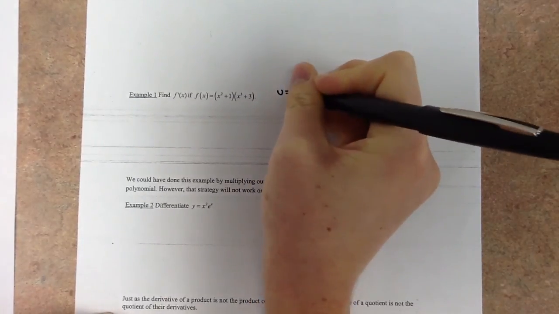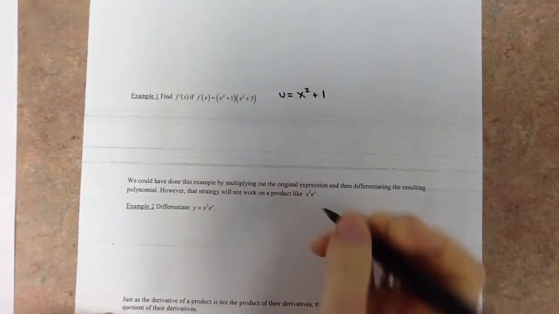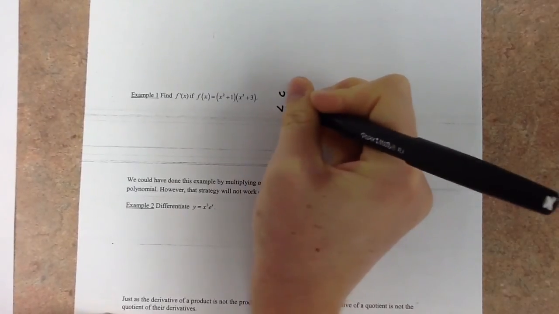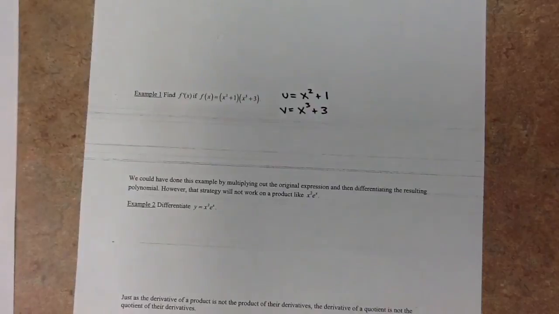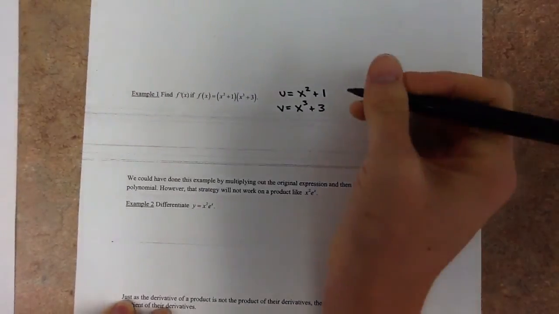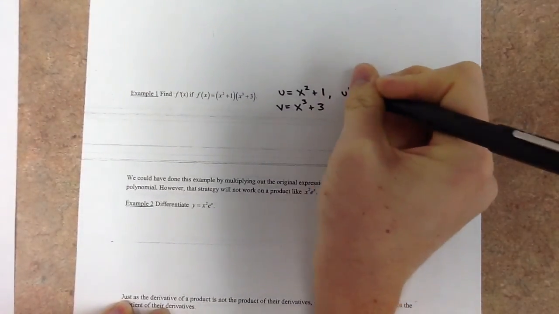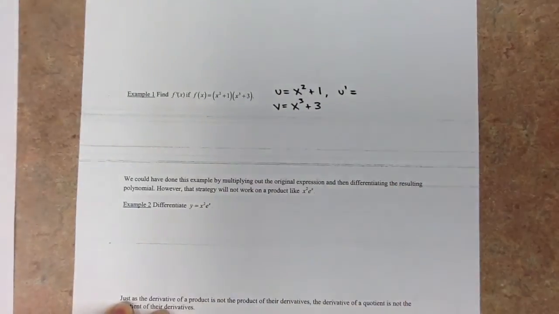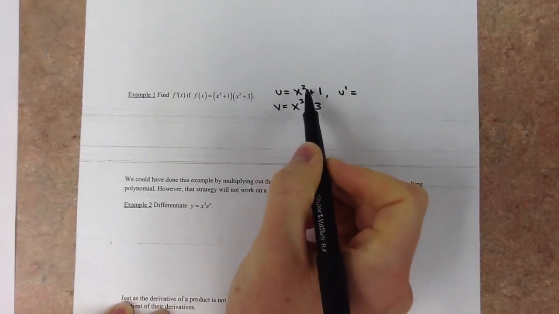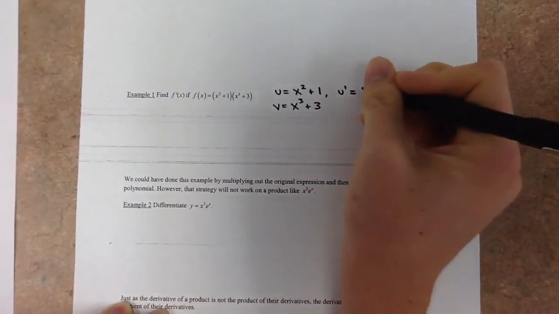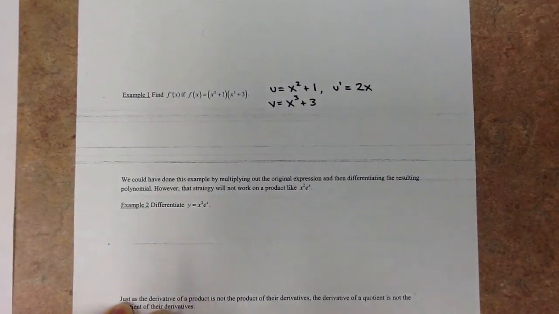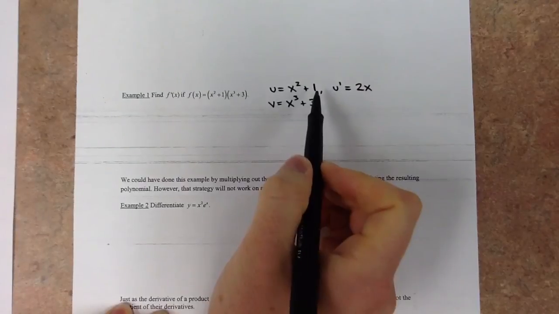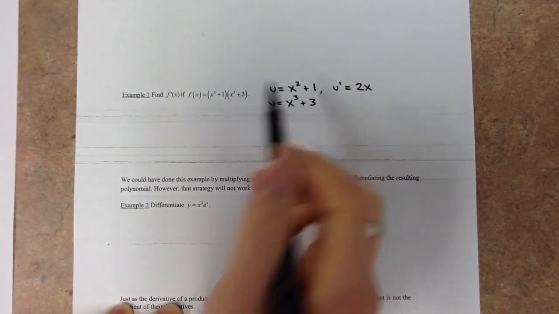I would like you to write out the first function, which is u, and then the second function, v, and then keep a little note of what the derivatives are. So if this is u, then u prime, we're just taking the derivative of this expression right here. So the derivative of x squared, the 2 comes out front, and then x's power drops down to just a 1, which we don't need to write, and then plus the derivative of 1, which, remember, the derivative of any constant is just 0.